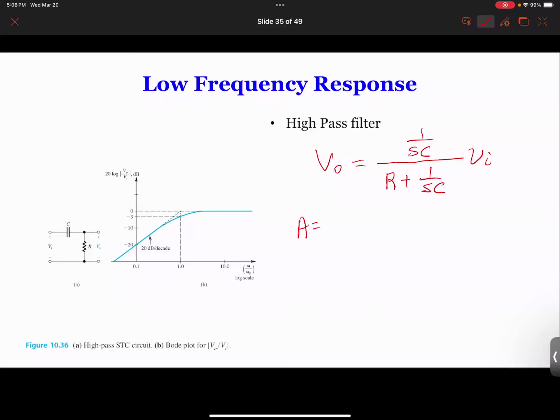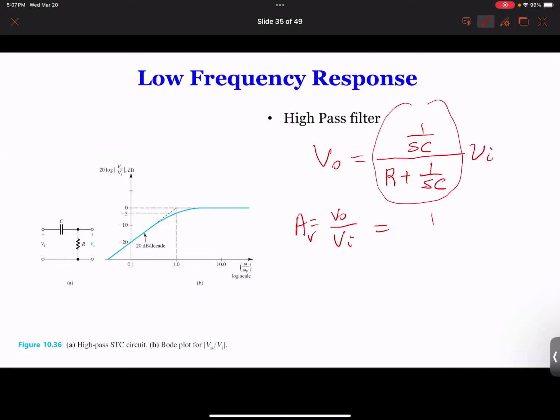So we get the gain, if you call it the voltage gain. And for that expression itself, we can multiply SC on both numerator and denominator. So we get 1 over SRC. Oh no, actually, I did it all wrong. This is for the circuit that has the capacitor like this. Okay, so that's for the low pass. So from here, we really get like this.